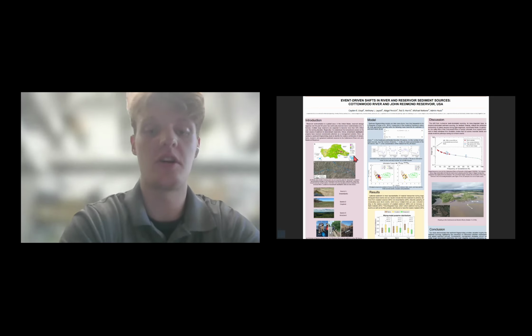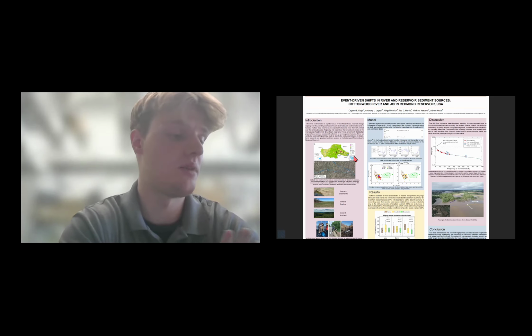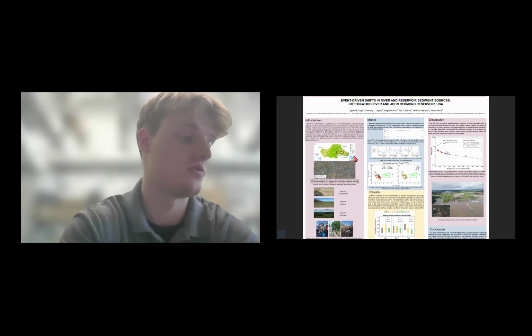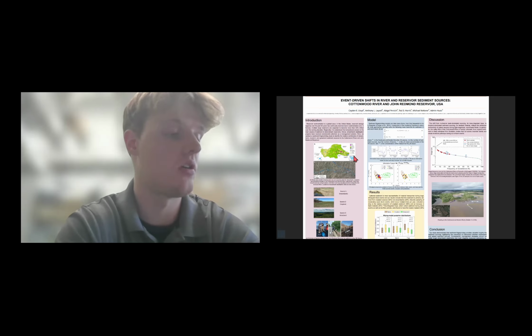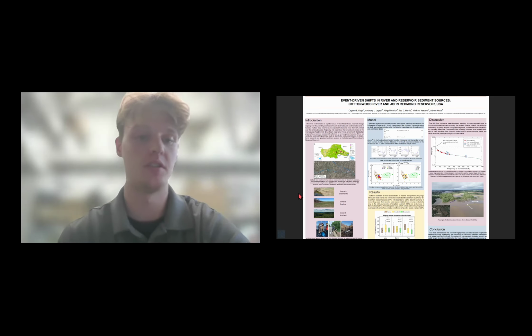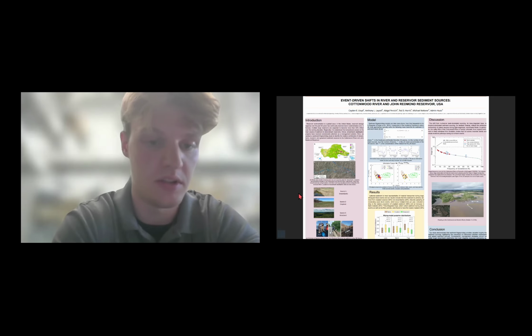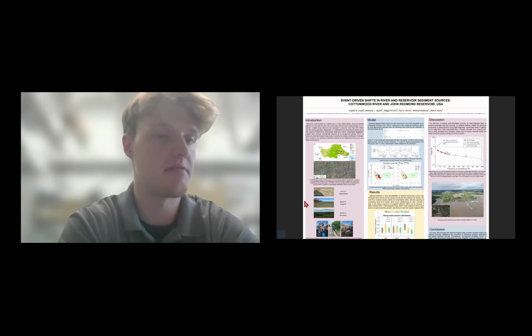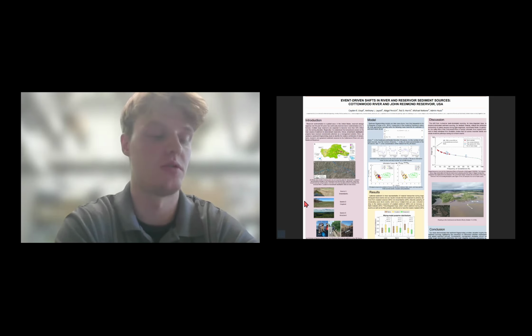So we are trying to test that assumption by identifying source contributions for this reservoir using a model called sediment fingerprinting. So we identified three sources: stream banks, cropland, and grassland. And then we looked at three different versions of the mixture of those sources.